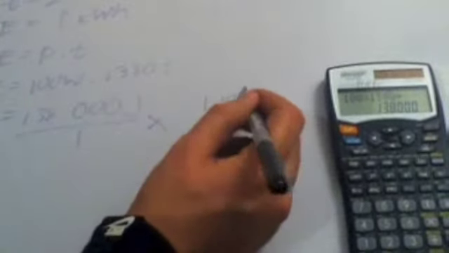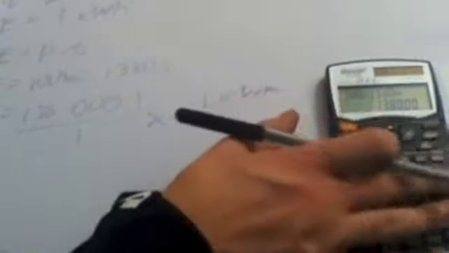So to do this, we must use a conversion. You have to keep in mind that in 1 kilowatt hour there are 3.6 million joules. So using these values, we can do 138,000 in a calculator divided by 3.6 million joules.